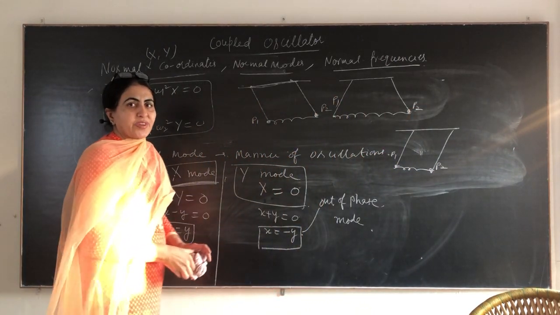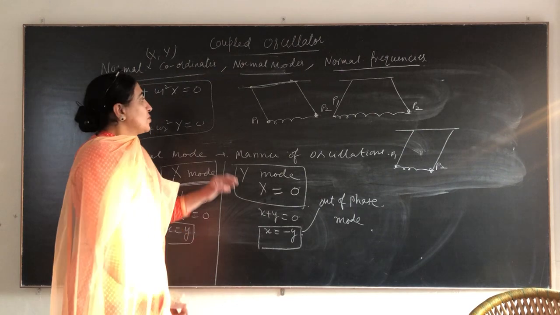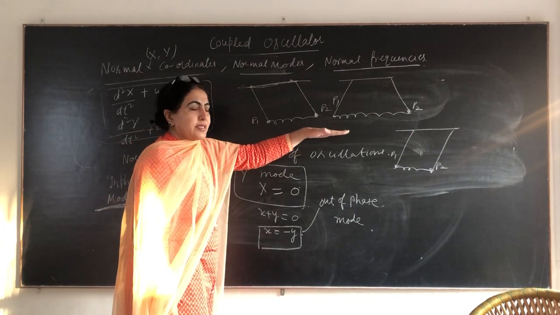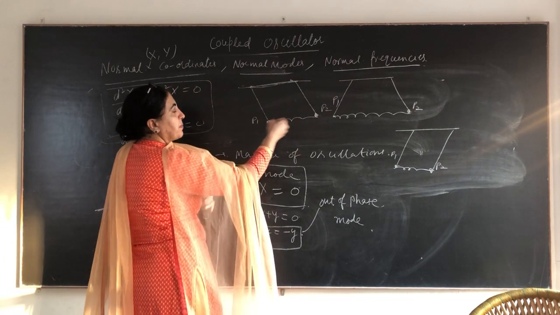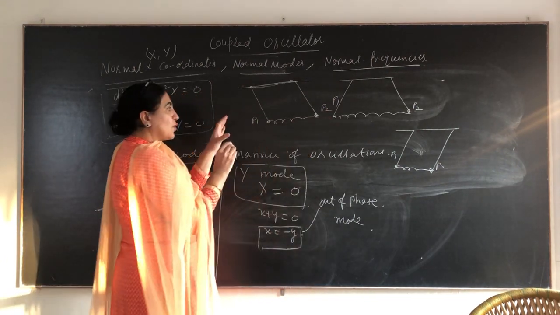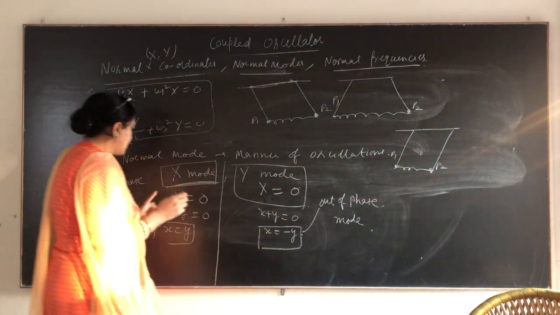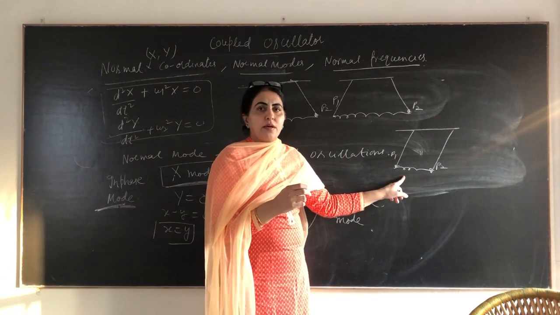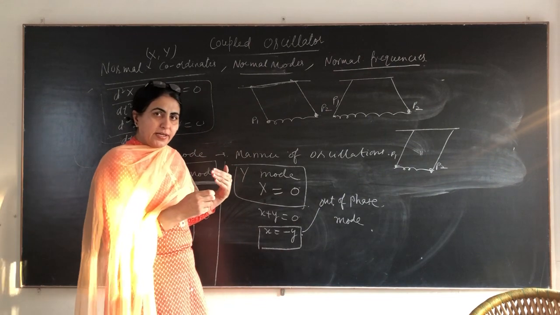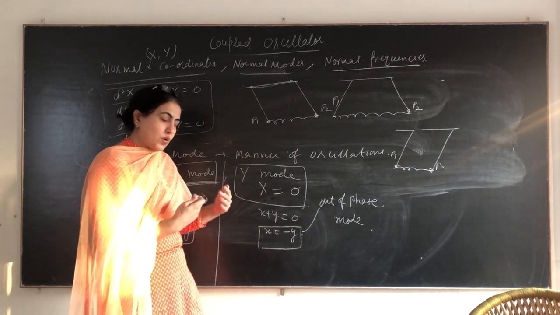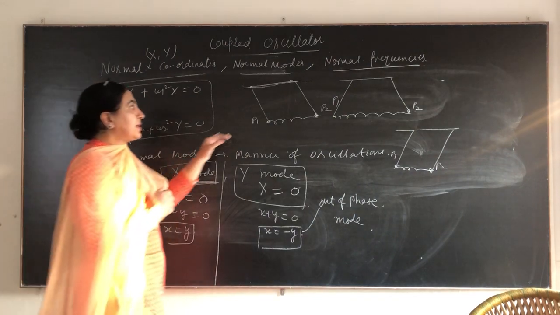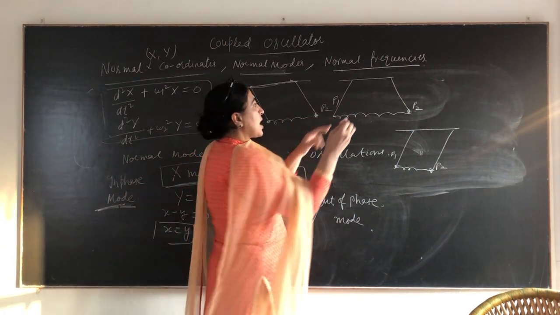Pendulum P1 is towards the right side, and P2 is also towards the right side. Both are on the same side, so this is the in phase mode. Same here, both are on the left side. This is also in phase mode. And in this diagram, one is towards the left and the other towards the right, so this is out of phase.